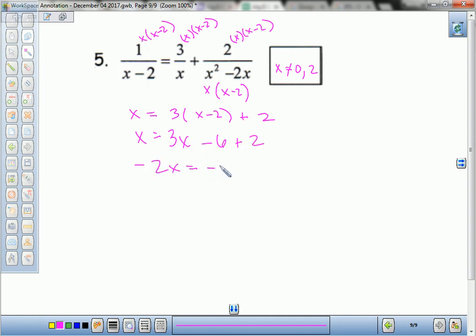Negative 2x equals -4. x equals 2. But 2 is restricted, therefore there is no solution. Sometimes we get 2 answers, one of them works, the other is restricted. That happens too.